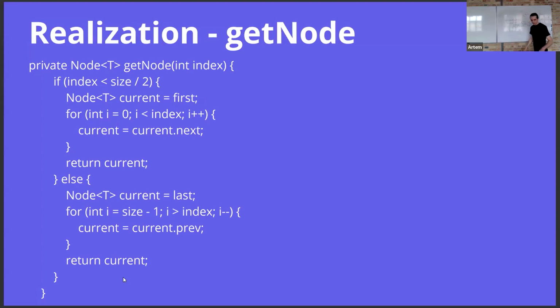Okay. The same situation with the first element. If we try to find the element with index 1, we will start from the first one. Our current element will have a reference to the element with index 0, and we will go not with current equals current prev, but current equals current next.